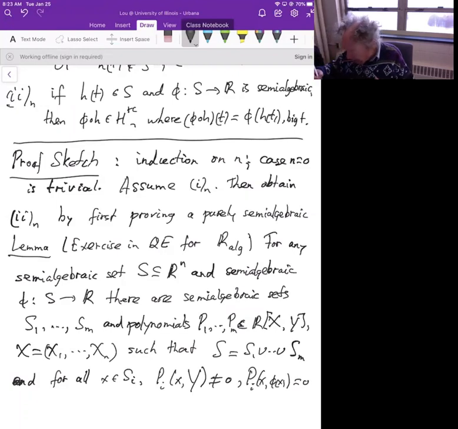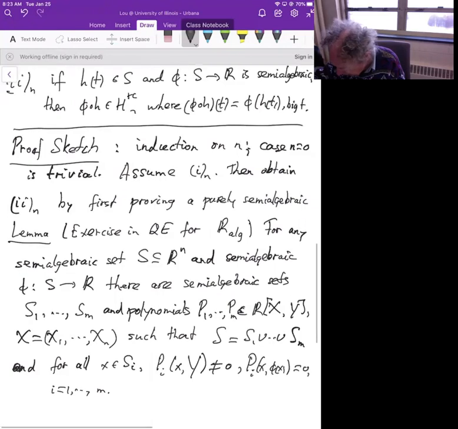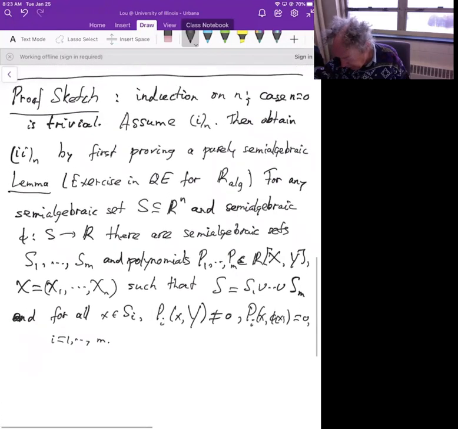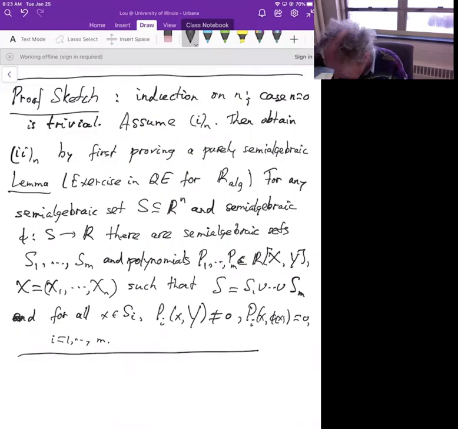In other words, phi solves the equation Pi(x,y) = 0. Right, so that's a purely semi-algebraic lemma, and it's really an exercise in using quantifier elimination, and it's a good one for students to do. Okay, but that's okay. So once you assume 1n, you get 2n by using this lemma.